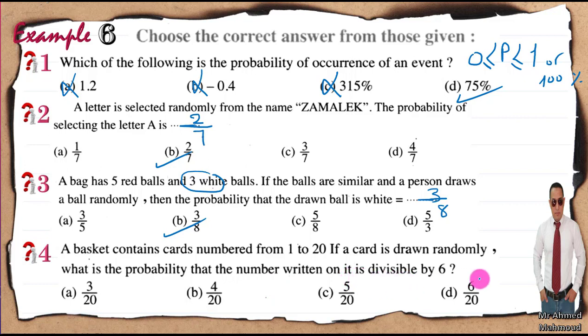Divisibility by 6: 6 over 6 equals 1, 12 and 18, because 12 over 6 equals 2 and 18 over 6 equals 3. Now these are the numbers that are divisible by 6. They are 3 out of 20 cards, so it is 3 over 20.